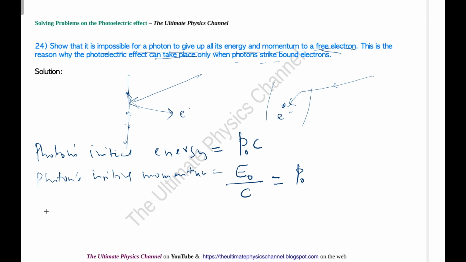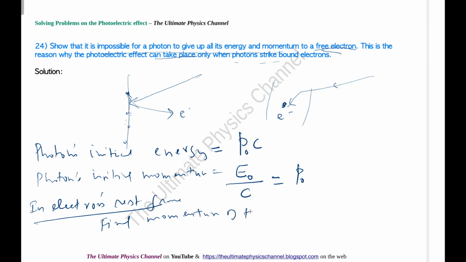Now, in the electron's rest frame, what is the final momentum of the electron? Let's call that P suffix E. That must be equal to the initial momentum of the photon, P0, because the momentum has to be transferred.